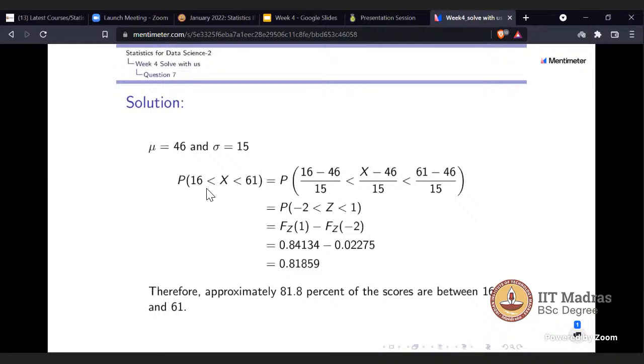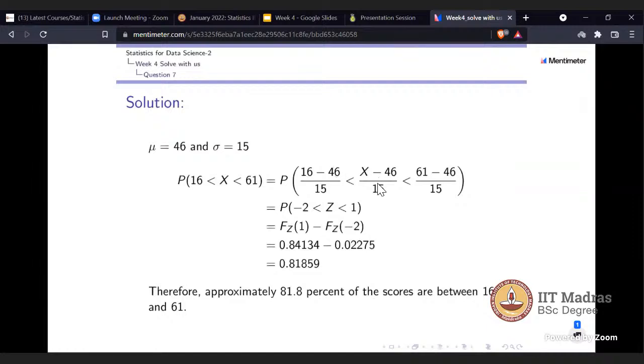In order to make it in the form of standard normal random variable, it is given that X is normal, but if you don't make it into the standard normal form, then you will have to do the integration of the very complicated PDF. That is very difficult. We don't have any closed form for the CDF for normal distribution. So we make it the standard form, because those values are already available to us, so we can directly use it from there.